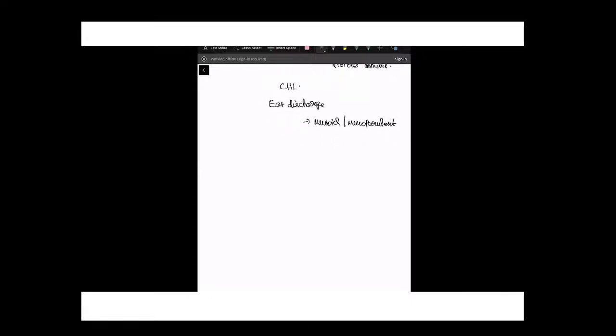It is not foul smelling. It can be continuous discharge or intermittent discharge.